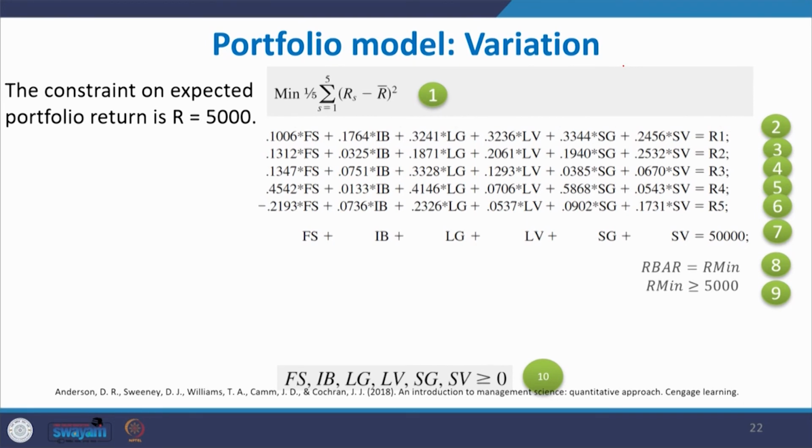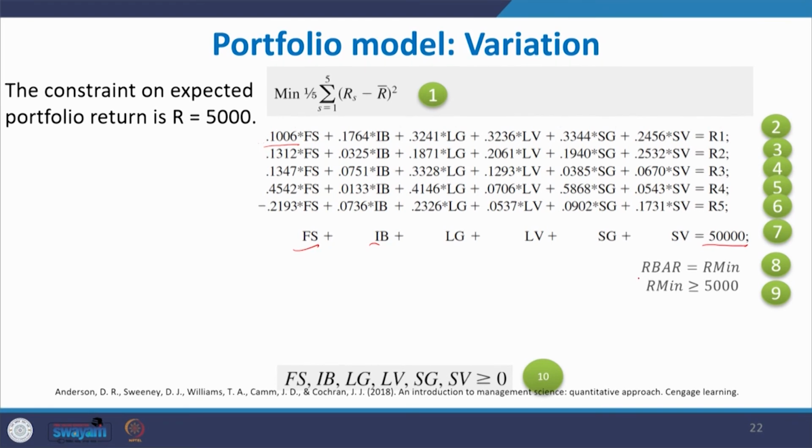Now, you see the formulation. Everything is now in new terms: previously I put 10.06, now it is 0.1006. Previously the total was 1, now it is $50,000 because I have $50,000. So how much do I have to invest in FS, how much in IB, and so on.